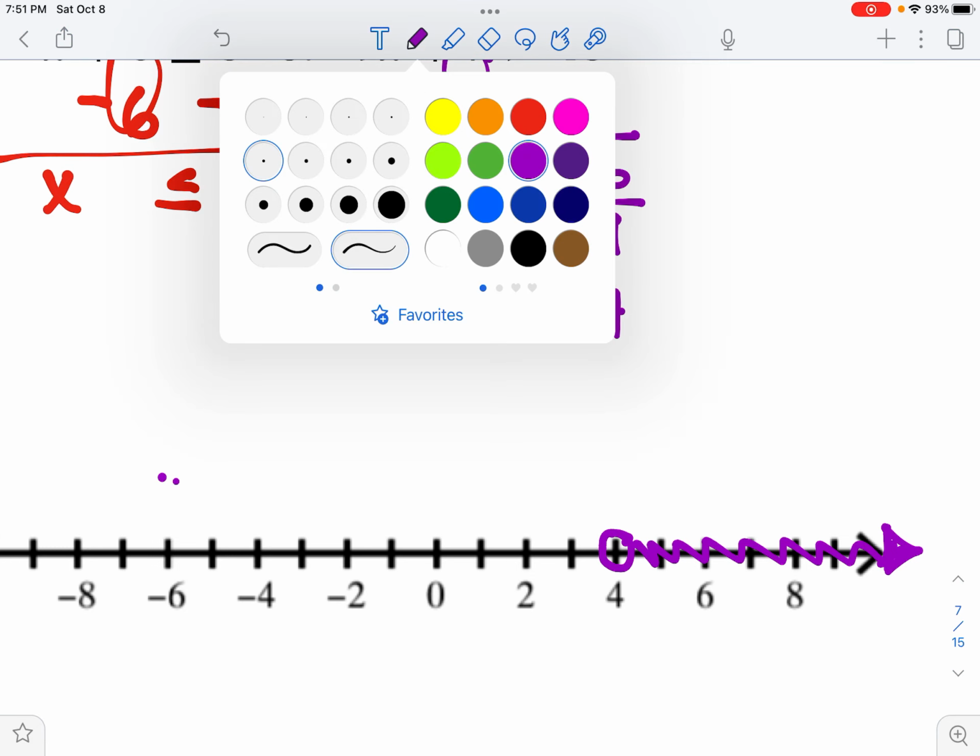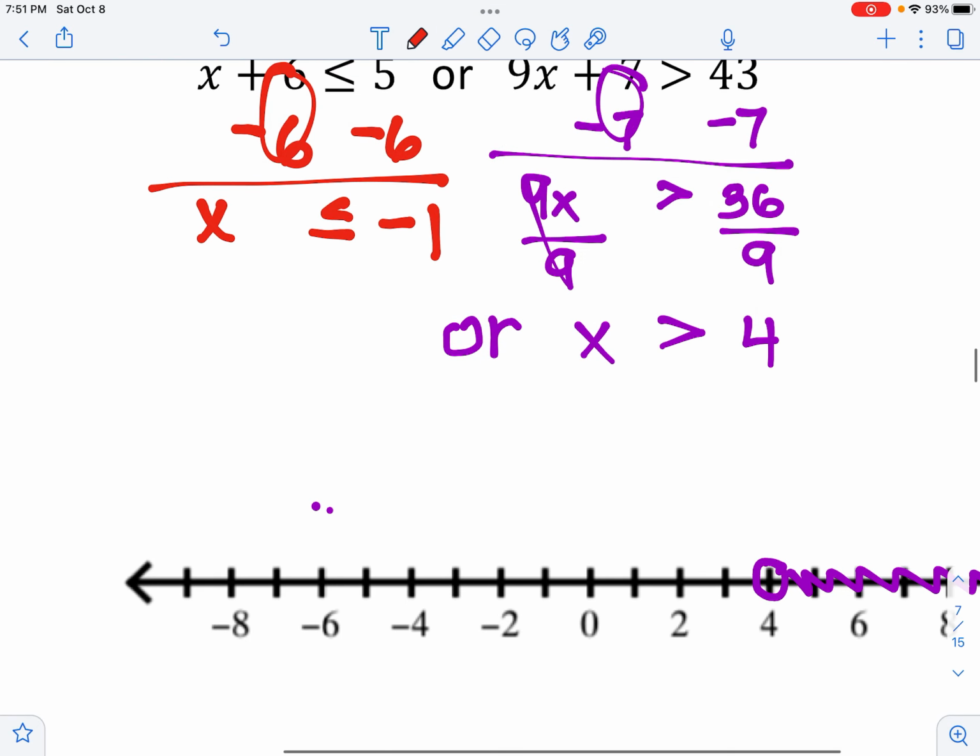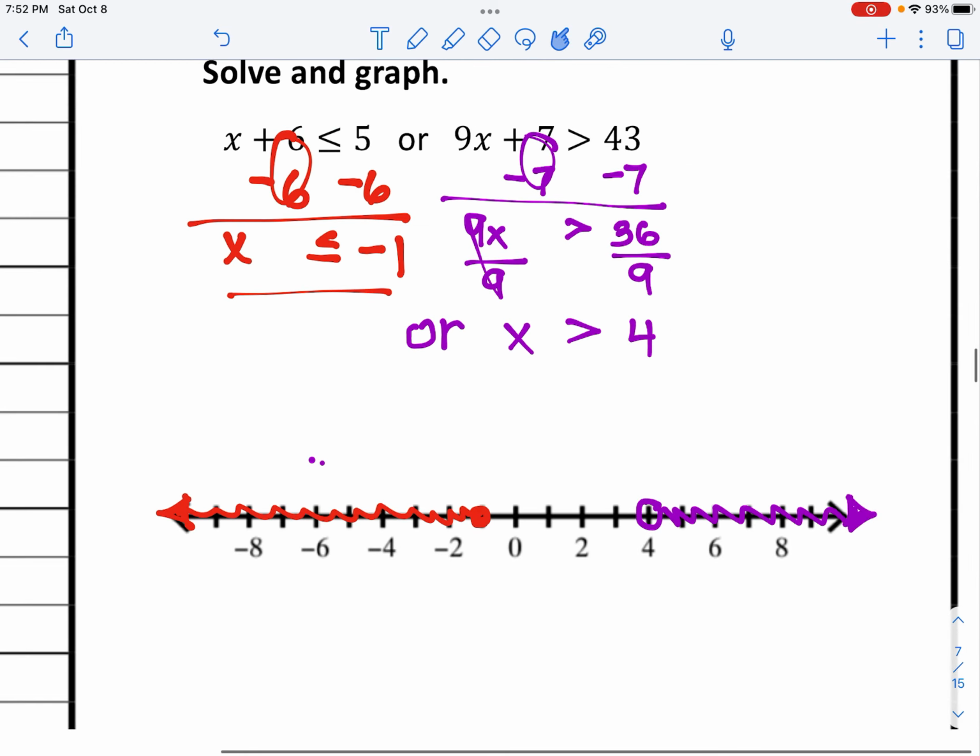And then we also have this part right here that we've got to deal with. So that's x is less than or equal to -1. So less than or equal to, so -1 is included, and then everything shaded less than. And it can be in the purple region on the right there, or in the red region that we just graphed. Either one will work, and that's why we join it with the word or.